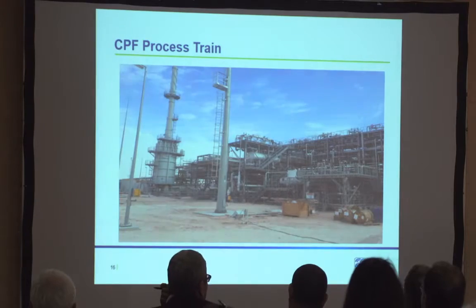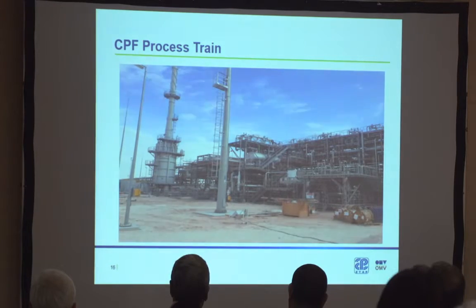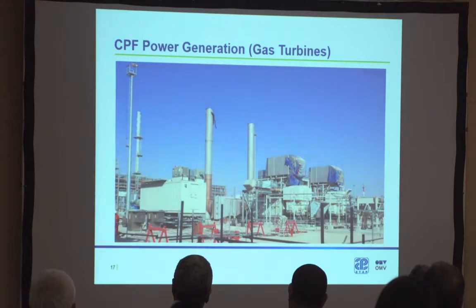This is also the CPF as it is now in the current situation. So we have the hot oil. This is the furnace for the hot oil needed for the processing of the gas and condensate. We have, as I said, 2 gas turbines of a total capacity of 6 megawatt.